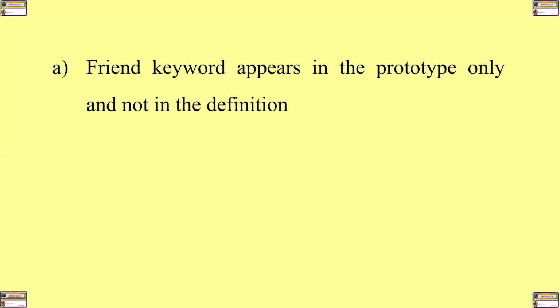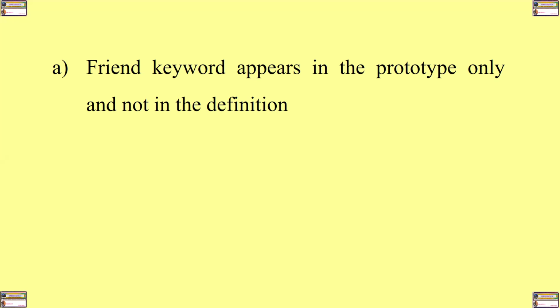What are we saying? What I'm saying is that if you have a class that you want to make a friend of another class, then what you need to do is to prototype that other class as a member in the current class.